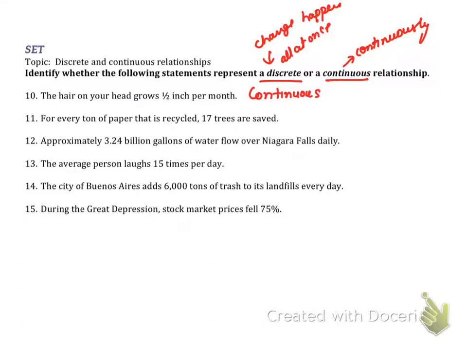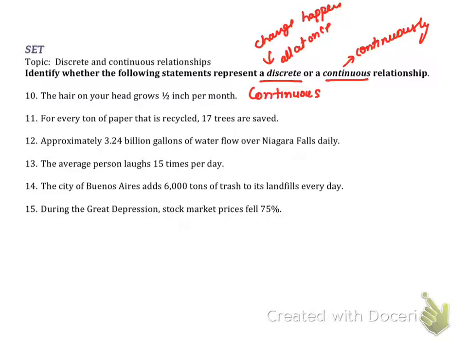All right, now if I'm talking about question number 11, for every ton of paper that is recycled, 17 trees are saved. Okay, so for 1 ton there are 17 trees saved.